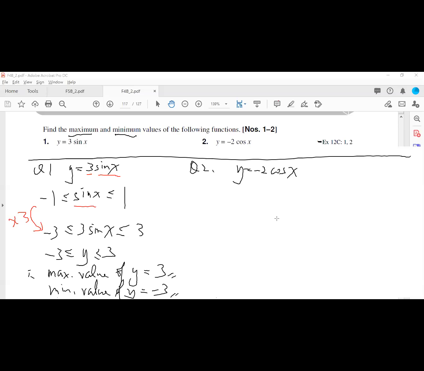Now we do not need to simplify the expression, okay? So nothing to be simplified, right? Then it is in term of cosine x. This function is in term of cosine x.